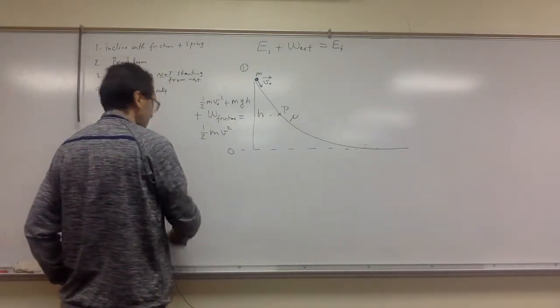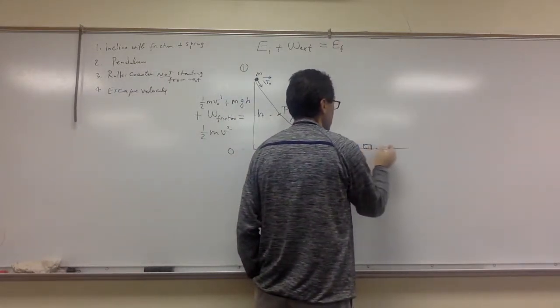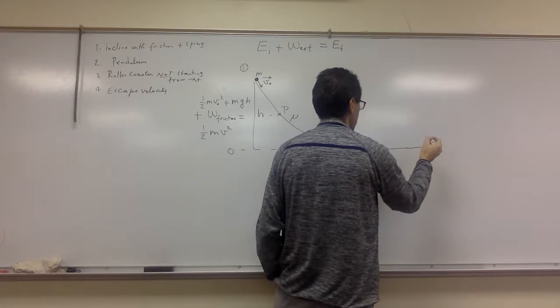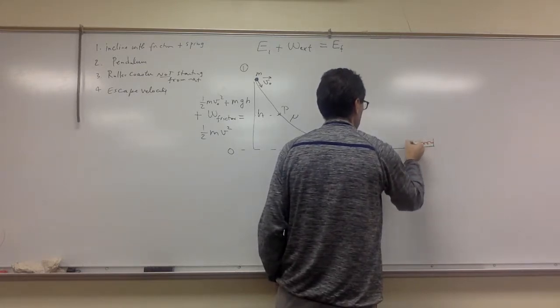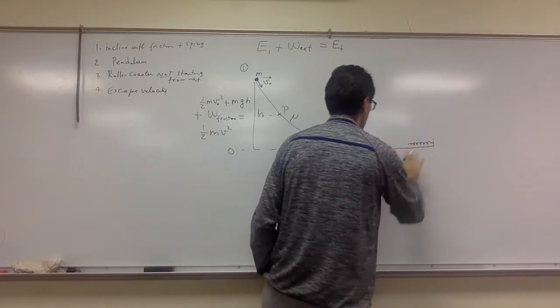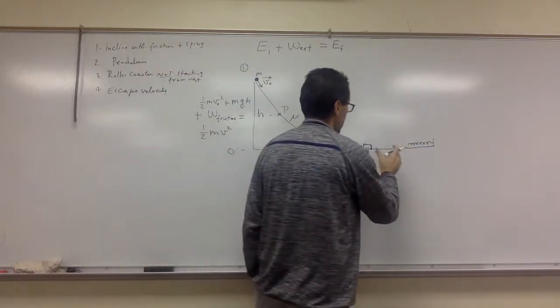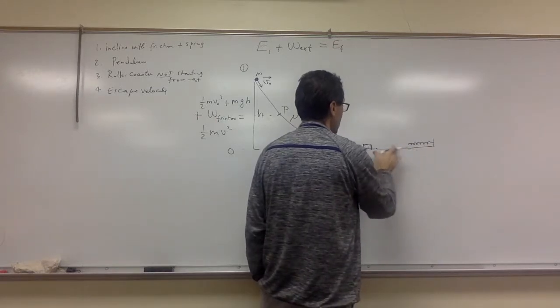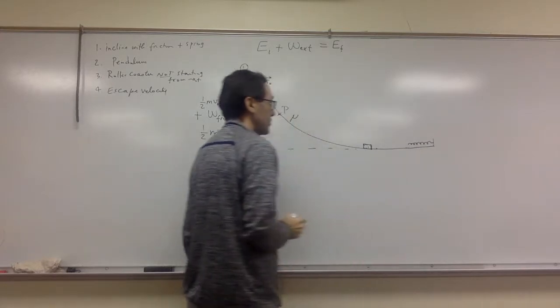Okay. Now let's say this object is a block sliding, and it comes down here to this surface, and there is a spring waiting for it. It's going to hit the spring and compress it. So I want to know the relationship between the energy that's coming in with the block and the compression of the spring.